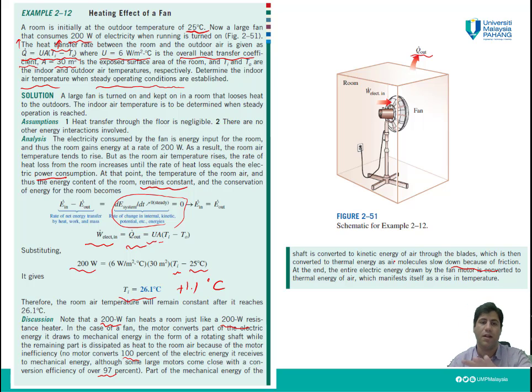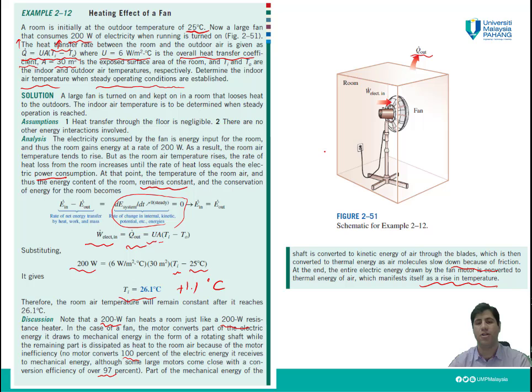Movement of the molecules and friction between the molecules, and also molecules and the blade of the fan, will produce some kind of temperature or thermal energy inside the room. At the end, the entire electric energy drawn by the fan motor is converted to thermal energy of air, which manifests itself as a rise in temperature.